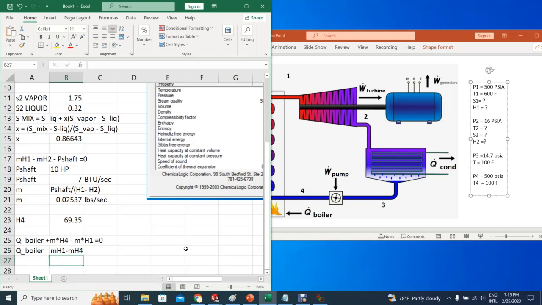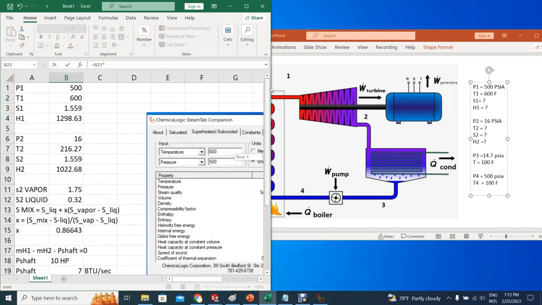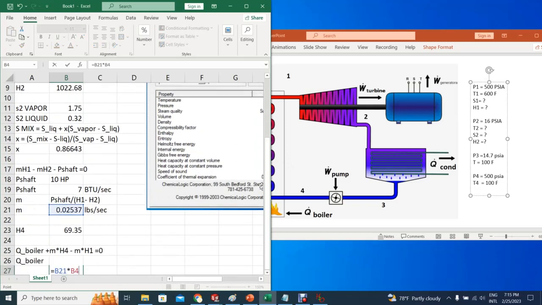If I do now the math, equal, the mass, so is a number somewhere here, is this one times H1, we look for H1, minus the mass again times H4 right here.